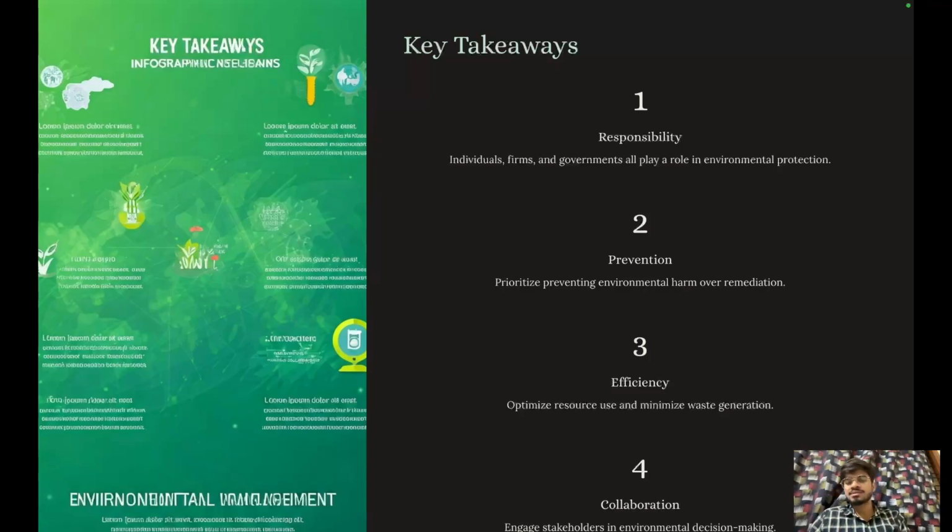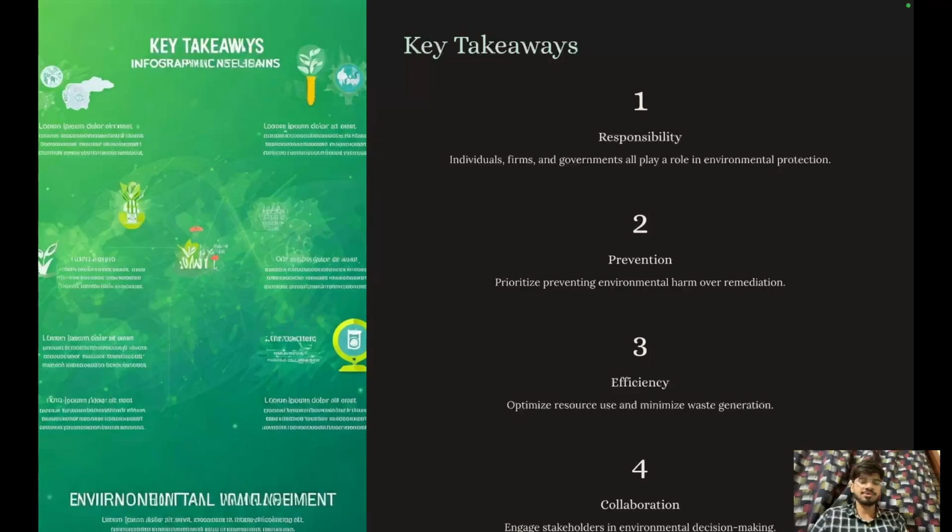They prioritize preventing environmental harm over remediation. That comes under prevention. Efficiency is where we optimize resource use and minimize waste generation, and collaboration is engaging all the people involved for the betterment and taking good decisions.